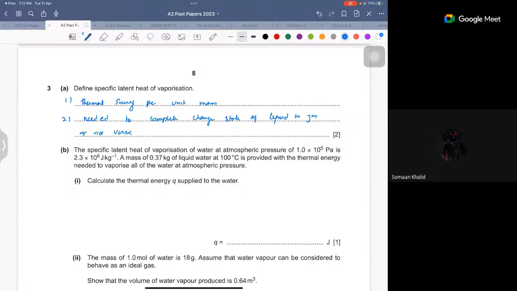And the important thing is without change in temperature. This is the keyword, you should never forget it.